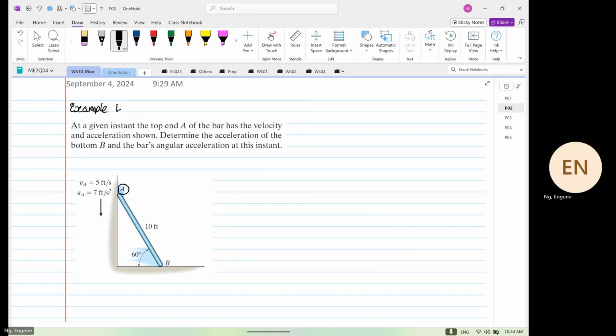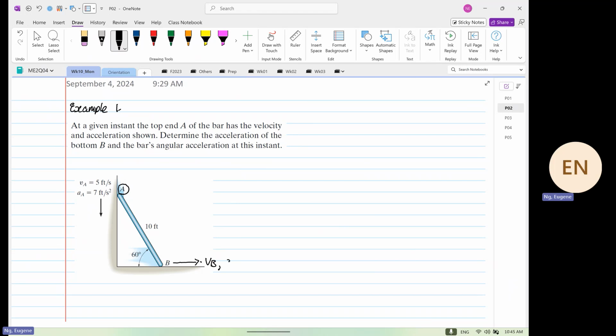So we know that point B will slide in this direction. So we're going to declare this is our direction of point B. This is our velocity.